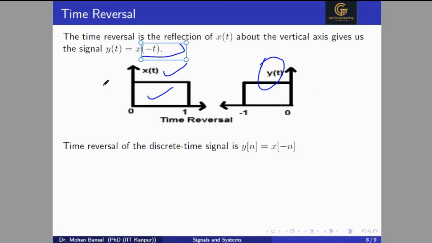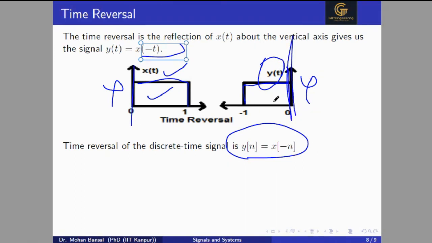So here in the negative side we have 0, nothing, so we will not get anything on the positive side in y(t). This box is present in x(t) on the positive side, the same box will be present in y(t) on the negative side. This is the reversal, y(n) equal to x(-n), and this is folding across the y-axis near the origin.